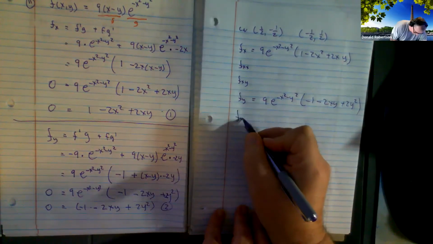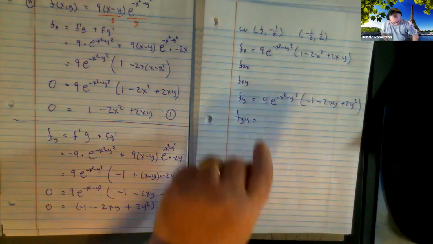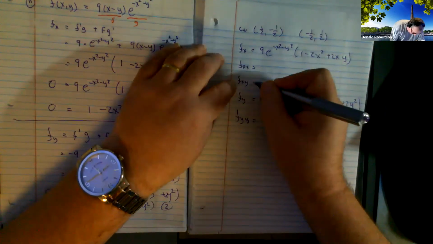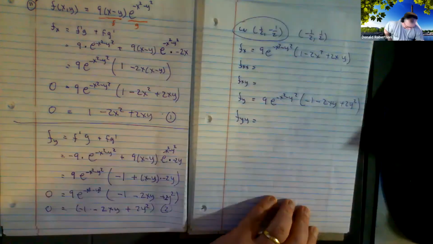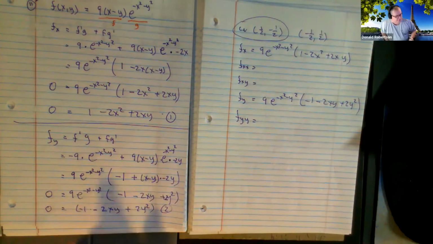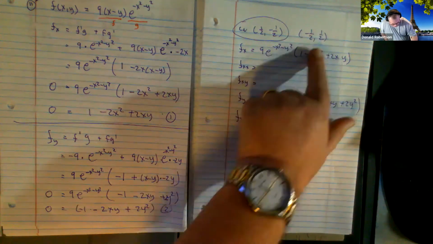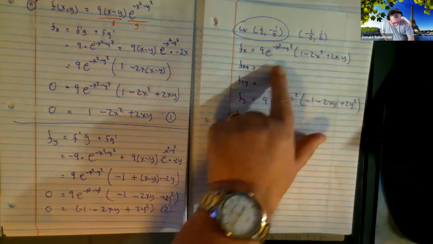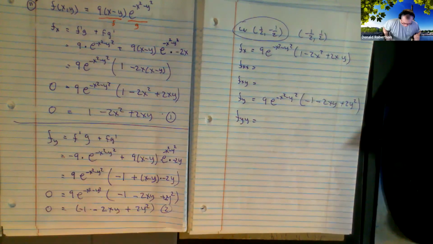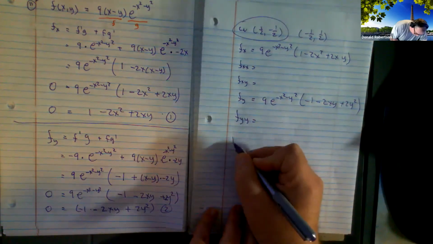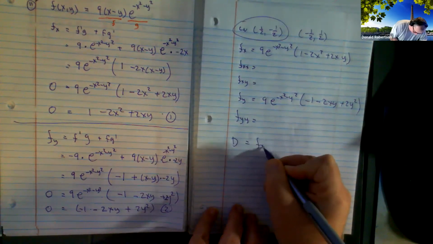And I've still to find that guy. Now, once I find this guy and this guy, won't I evaluate them at that number, and I'll do my test and I'll be able to find if it's a local max, a local min, or a saddle point. And then I could plug in these numbers the second time and find out whether that's the same local max and min. And so I need to find D, which is this fella.